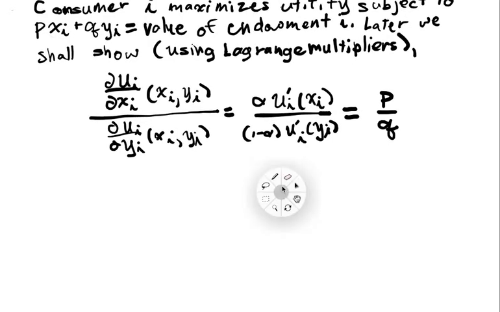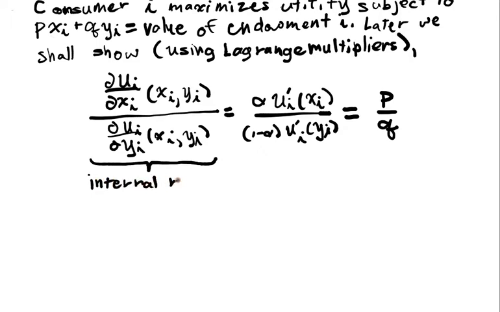And it's kind of magical, because what does this represent? This quantity is the internal relative valuation. That is, it's what the consumer believes is the relative value between these two goods according to their utility function, according to their psychology.